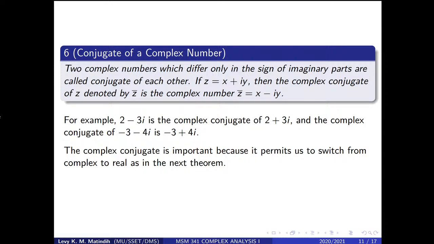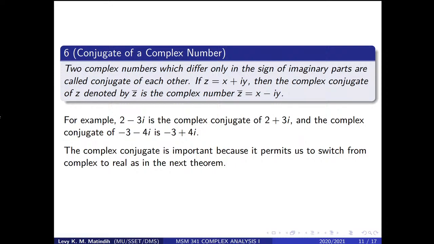So if you have this complex number, the sign is either positive or negative. So if these two complex numbers have only the difference in the sign of their imaginary parts, then we call them the complex conjugate of each other.